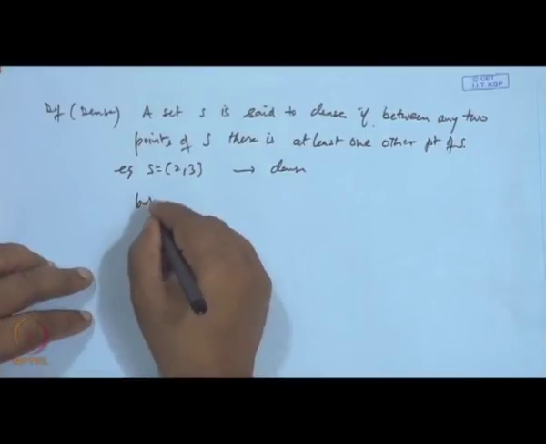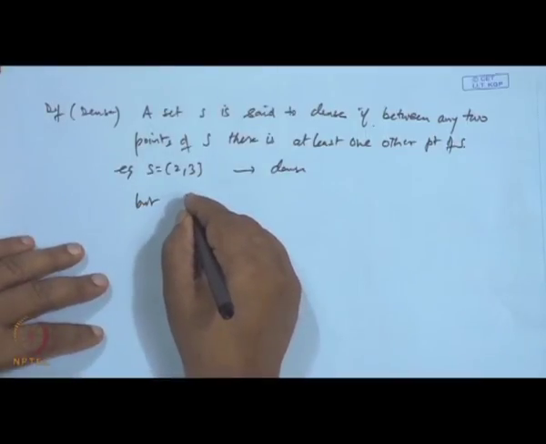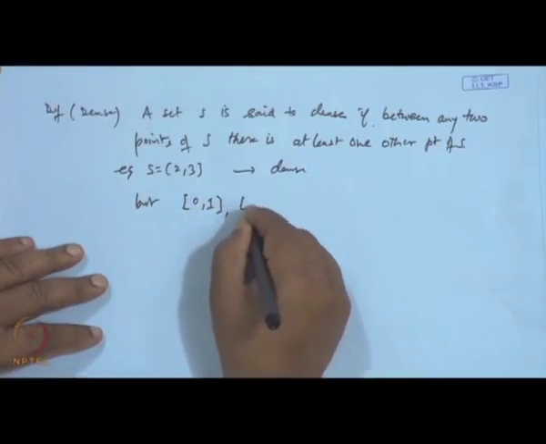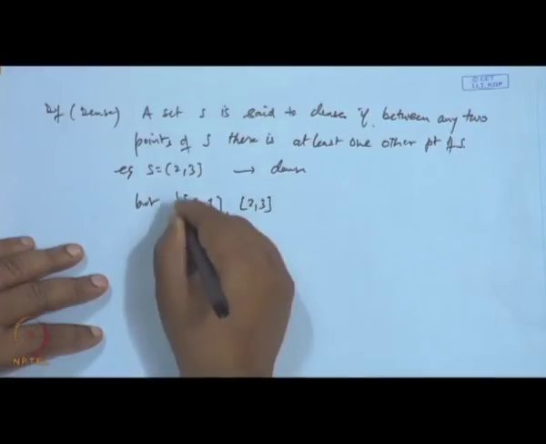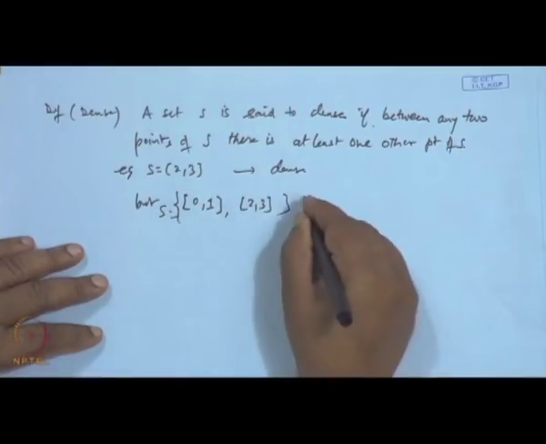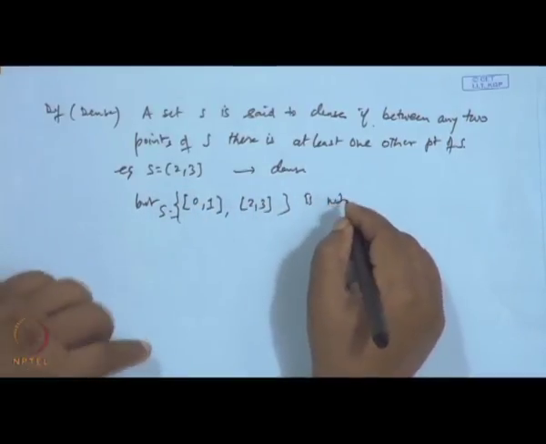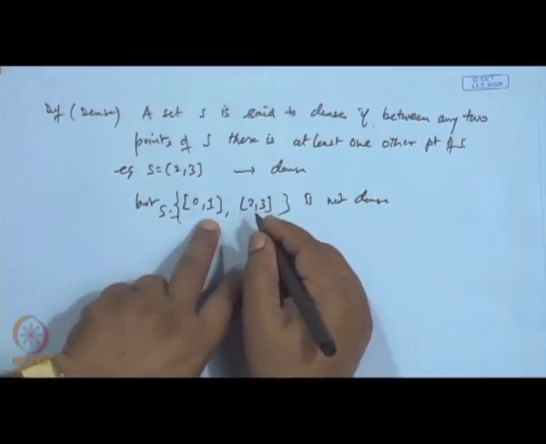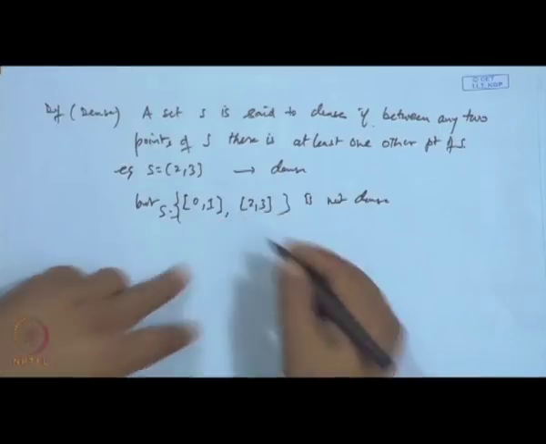But if we take the set S as 0 1 together with 2 3, this S is not dense, because between 1 and 2 there are no points of S. So, that is what is dense.